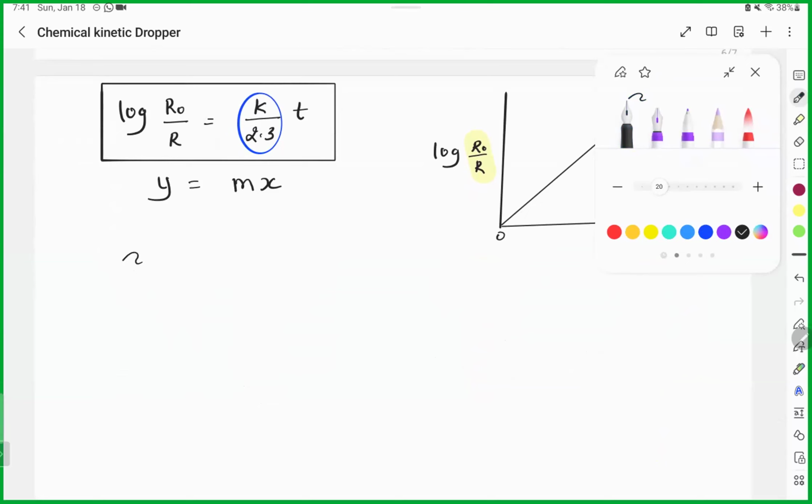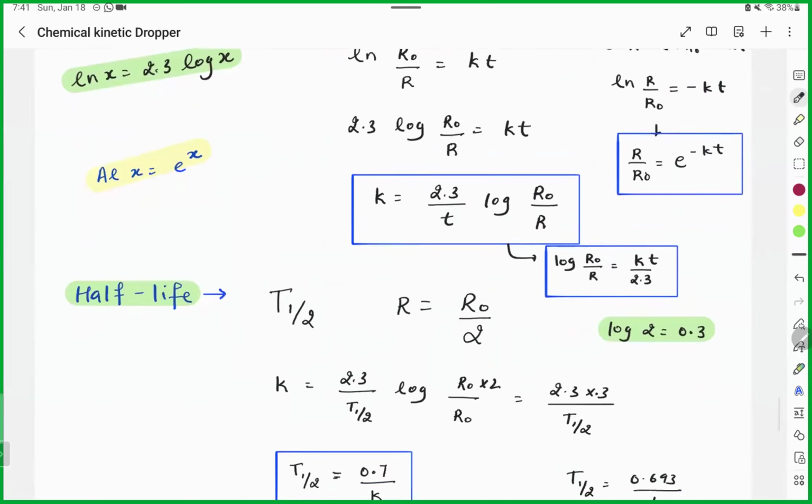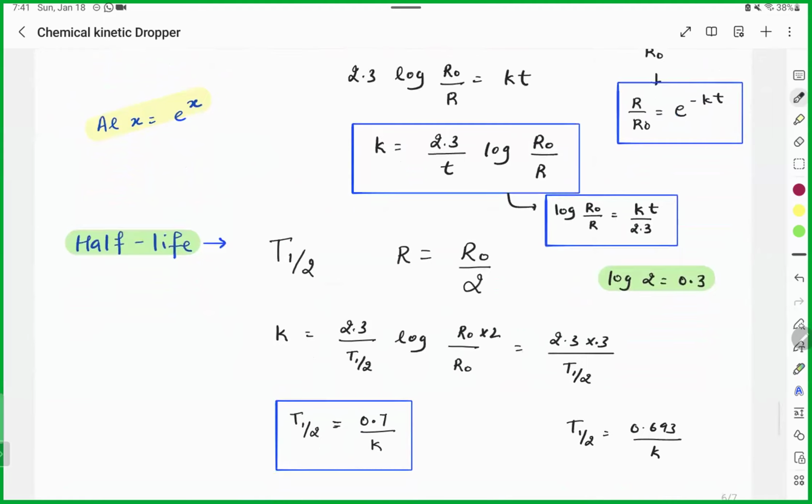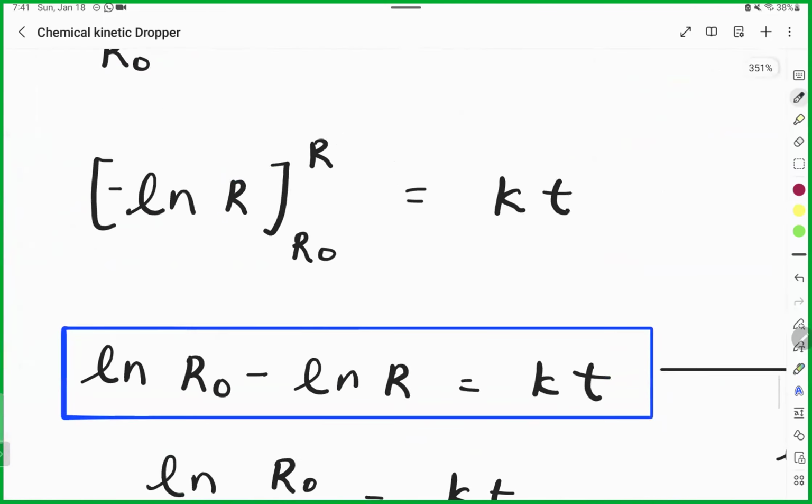But if you take the relationship between natural log R, from this equation, can you also say natural log R will be equal to natural log R naught minus KT, right?